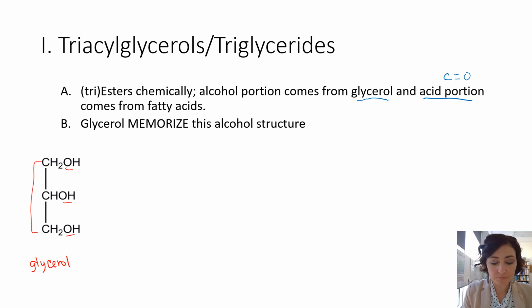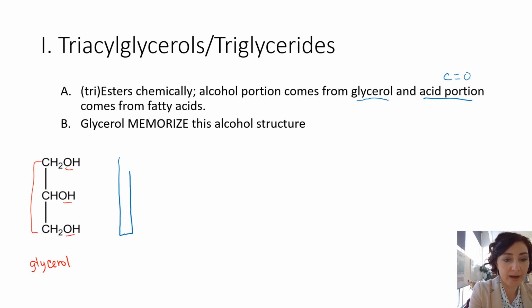All right, so let's go through our general structure for a triacylglycerol, and then I will show you that in an actual structure of a triacylglycerol. You're going to have a glycerol backbone, so this is going to be your glycerol. And then coming off at each of these portions, because this is how we form the ester bond, you're going to have 3 fatty acids.